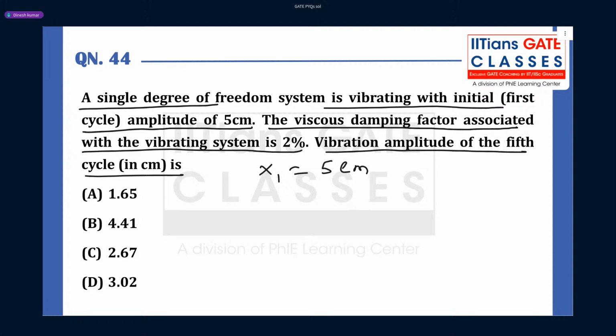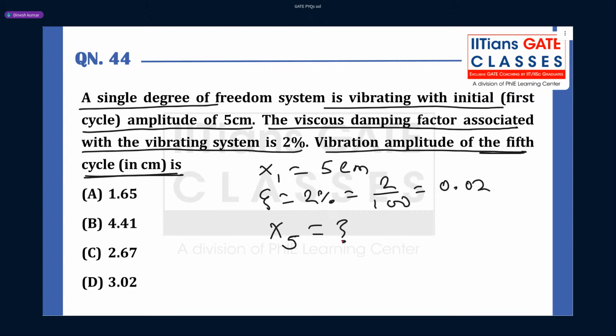So damping factor here zeta is 2%, which is nothing but 2 by 100. So that means 0.02. They also asked amplitude of fifth cycle, means they asked x5. So x5 is unknown.